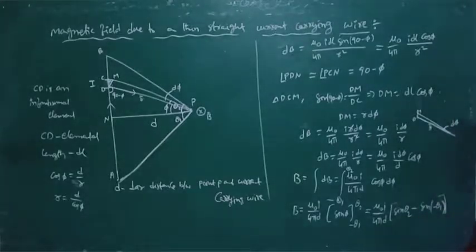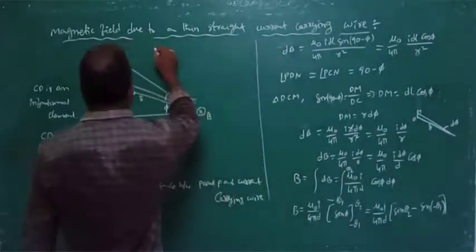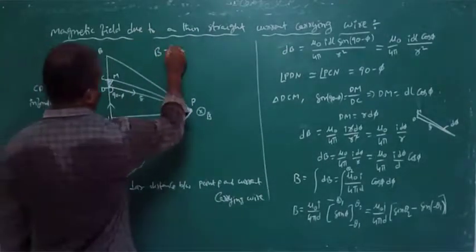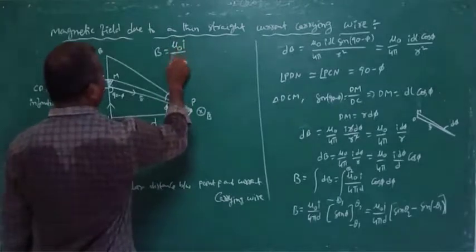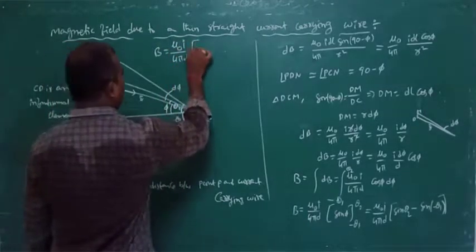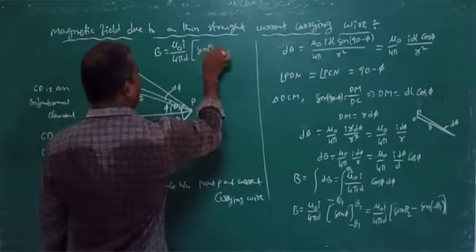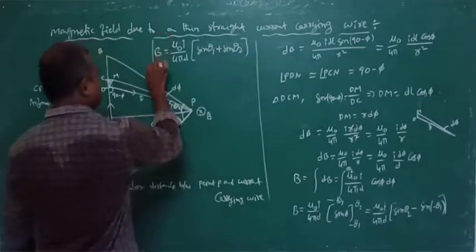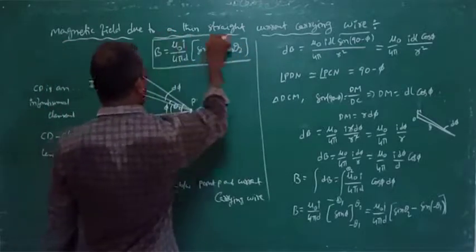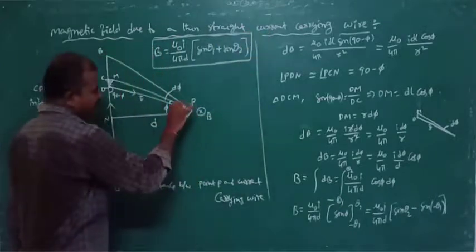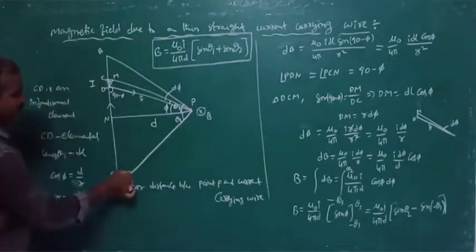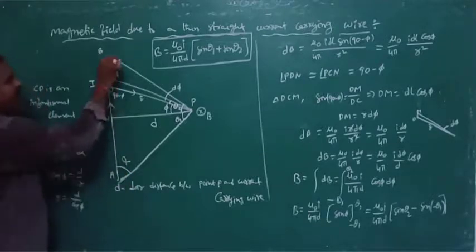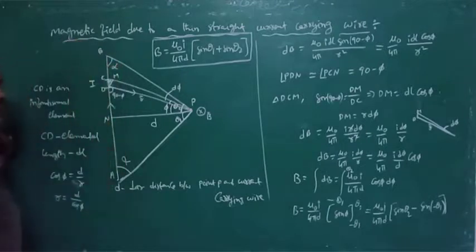Minus into minus is plus. Therefore, the magnetic field induction due to a thin straight current carrying wire is B equals mu naught I by 4 pi d into sin theta 1 plus sin theta 2. Here theta 1 and theta 2 are the angles made with the point. Suppose the angles made with the straight current carrying wire are alpha and beta.